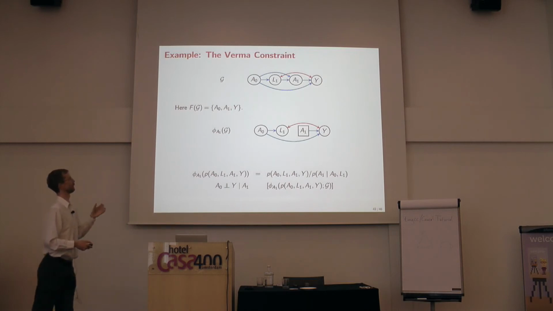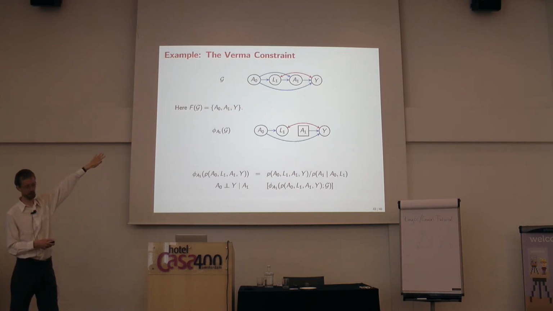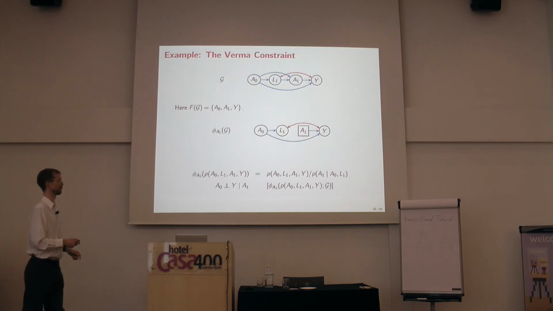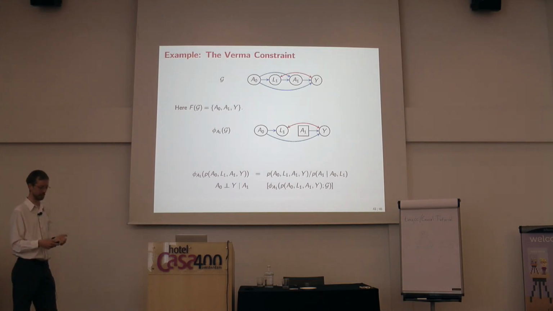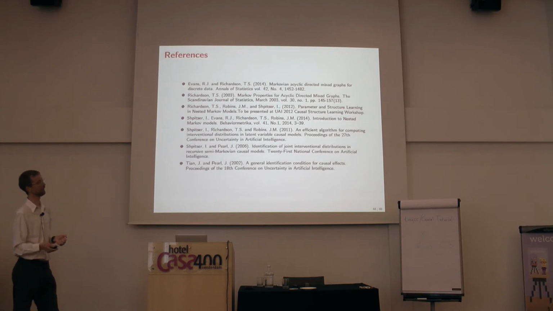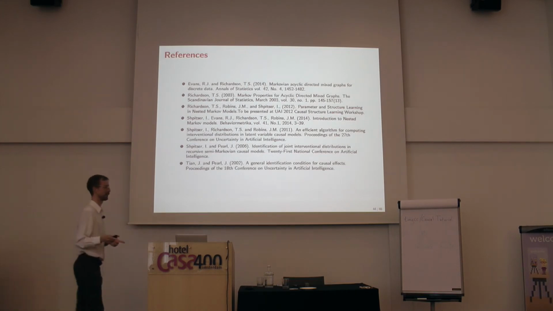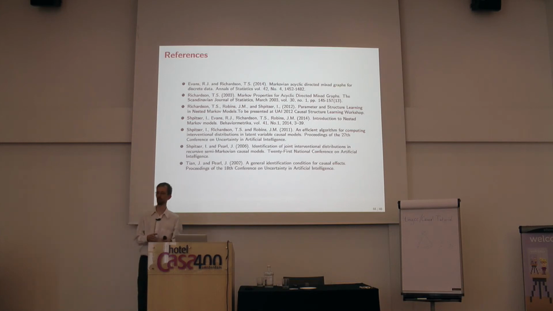So removing the A0 and Y edge from the original DAG with latent variables does not lead to an independence constraint, but it does lead to an independence constraint in the distribution obtained by fixing A1. Okay, and here are some references, and I will hand over to Rob.